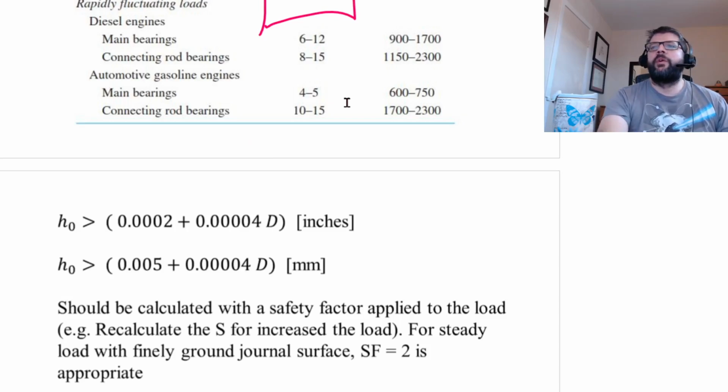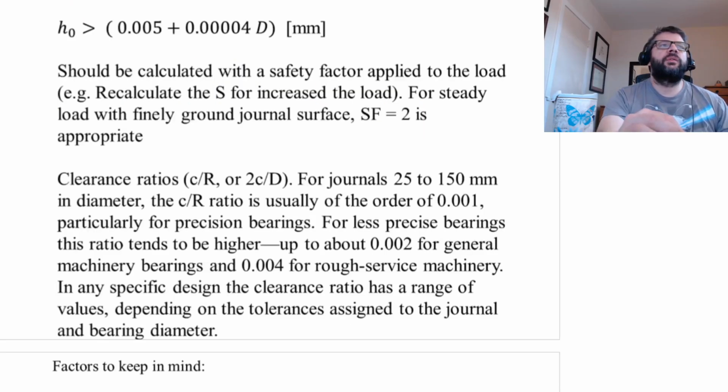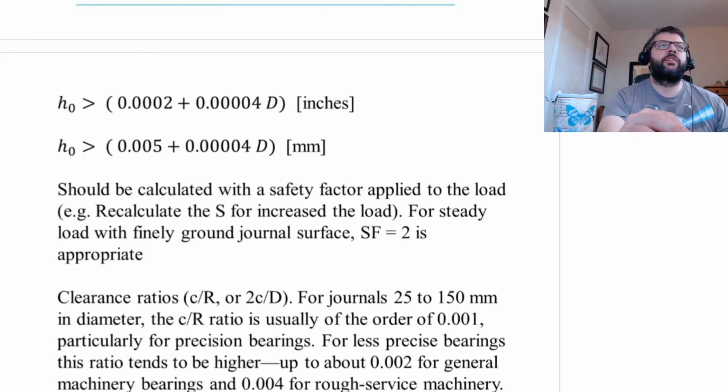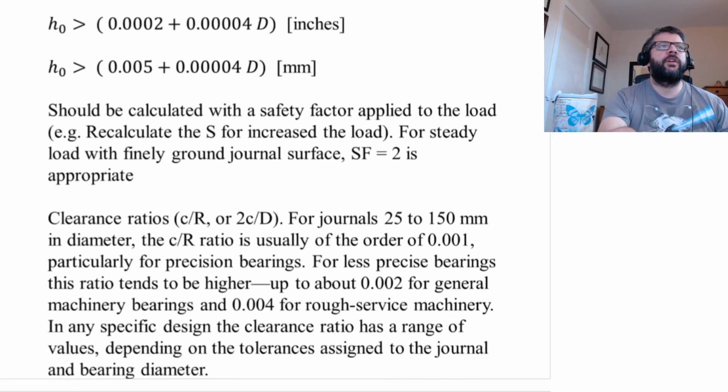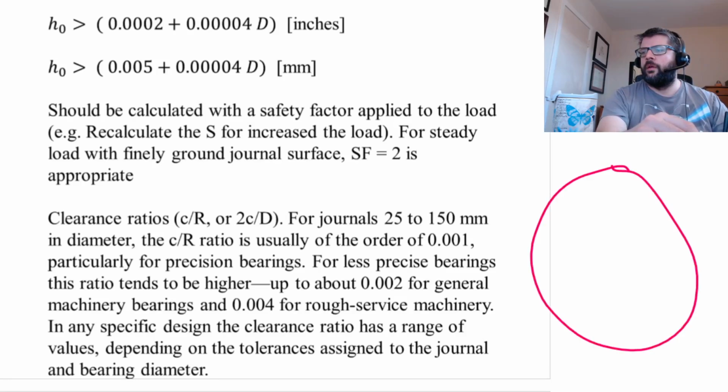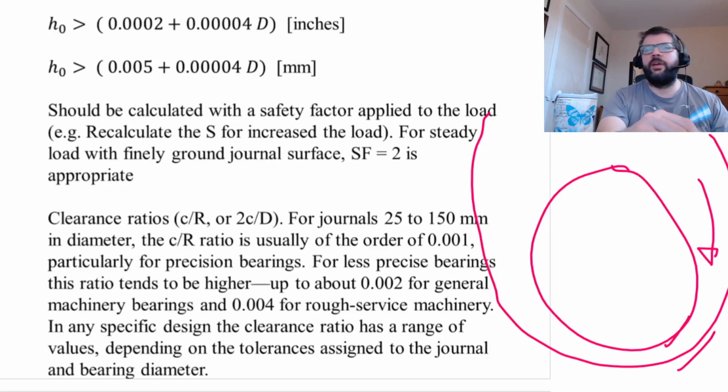So what we're going to be wanting is to ensure that when we're in operation, we have a particular H0. So when we've got our rotation going on, got our wedge forming, we're worried about the size of that gap there, right?